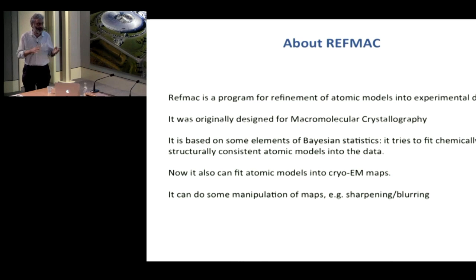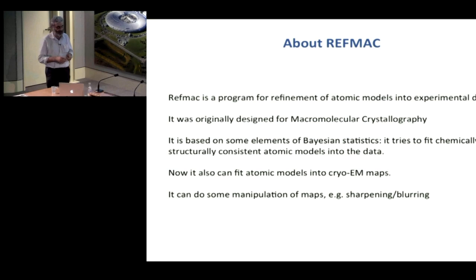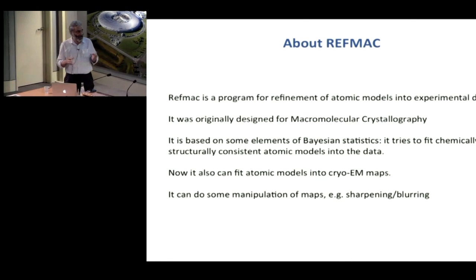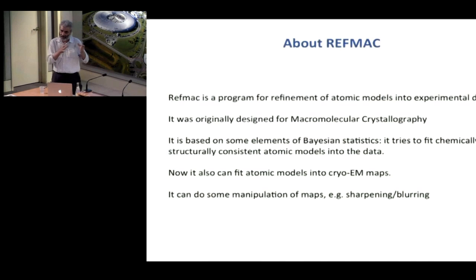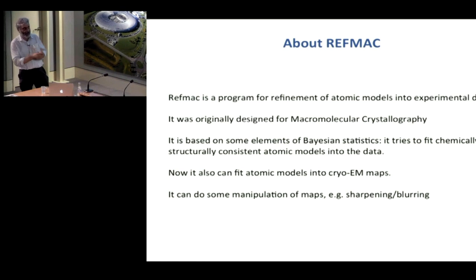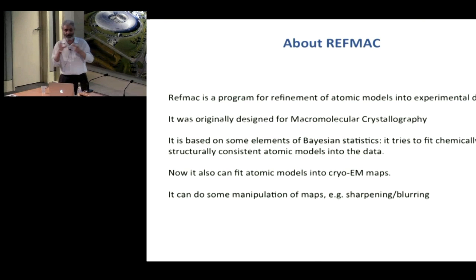It is based on some elements of Bayesian statistics, and it tries to fit chemically and structurally sensible models into the maps. By definition, it uses two components. One is the information about the structure, and the other is how well the current structure fits into the maps. That's basically what Bayesian statistics is.